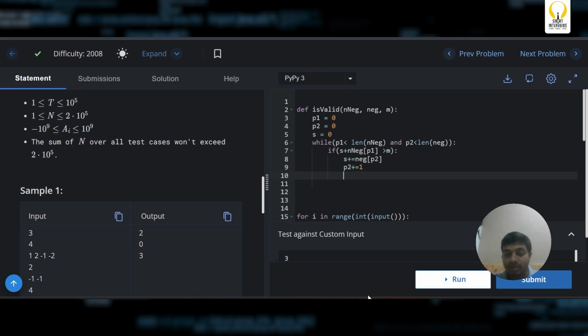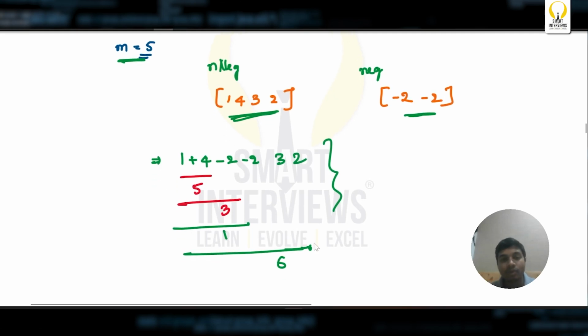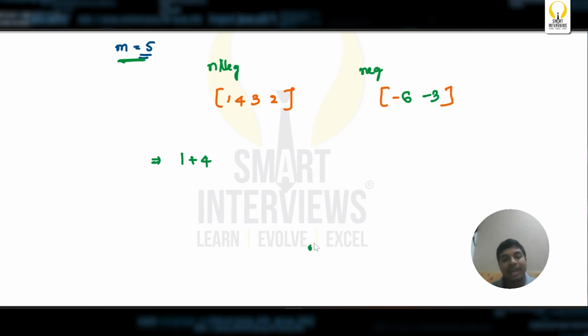This is one thing, but if you look into this once again, what if I say I'm having 1, 4, and over here, instead of minus 2, what if I'm having minus 6, minus 3? Okay. So after 1, 4, if you try to include this 3, it is going to exceed this value 5.